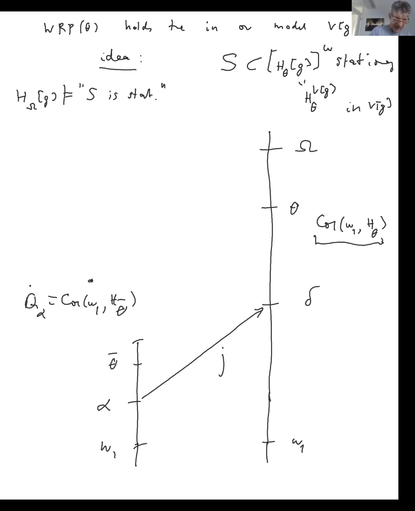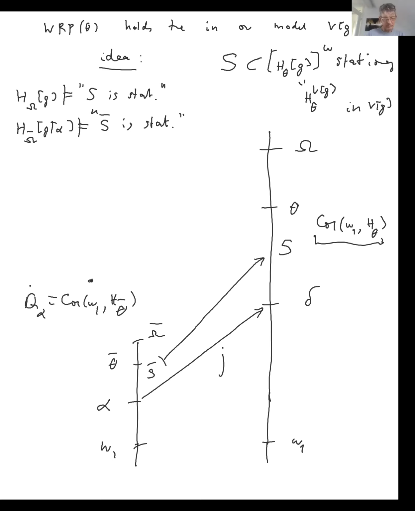So just by elementarity, there is an omega bar here, G restricted to alpha, thinks that the pre-image of S, which is S bar, is stationary. We can pick things in a way that there is a pre-image and so on, right? Just by the use of the label function. So S bar is the pre-image of S. So where is S? S is somewhere here. And there is an S bar here. And this S bar gets mapped to S.